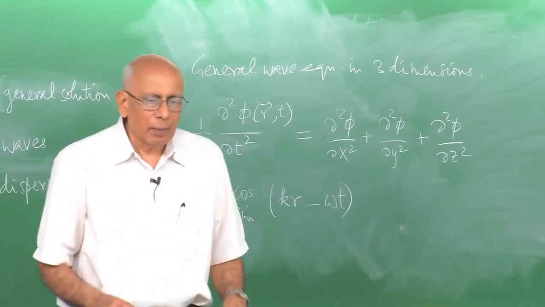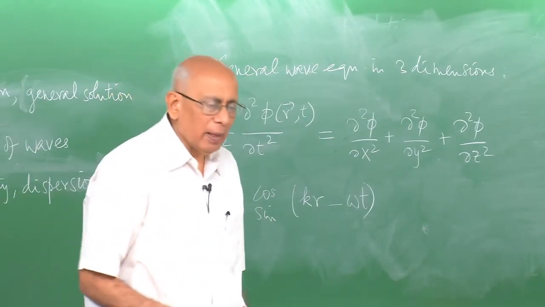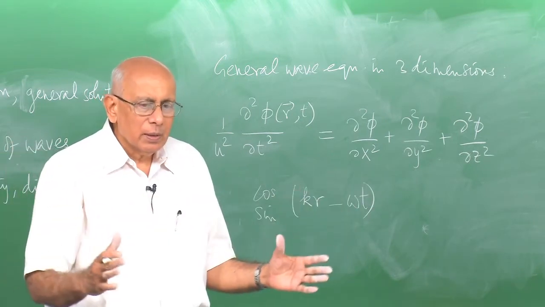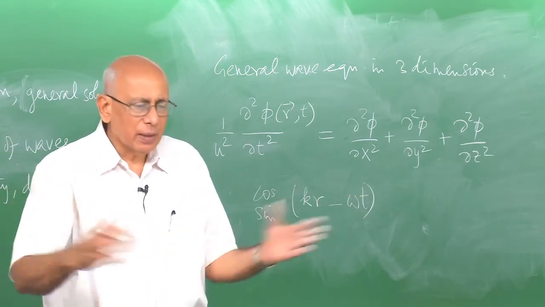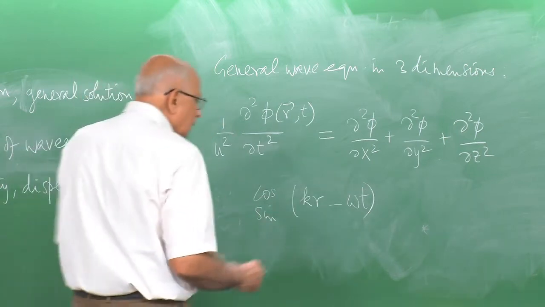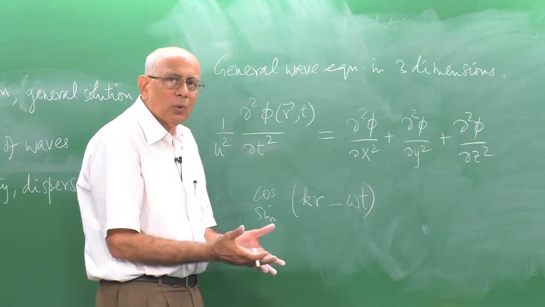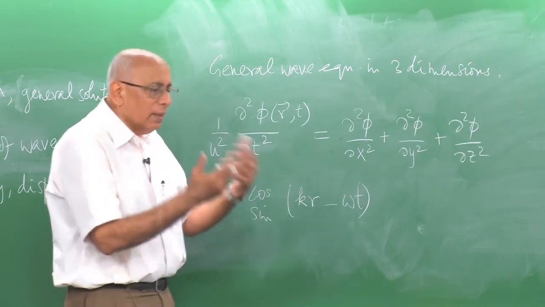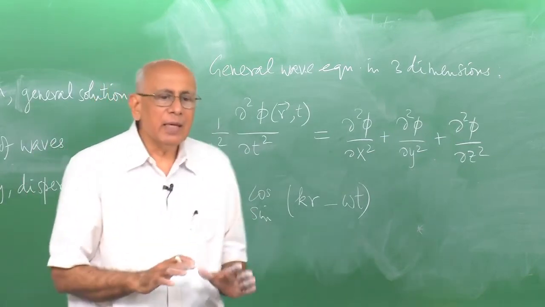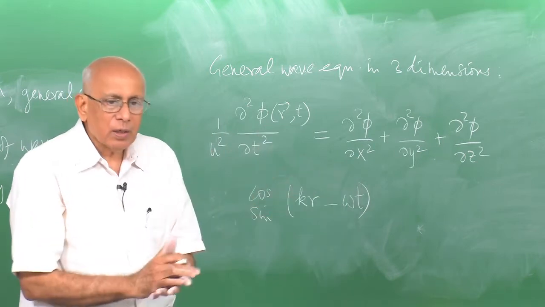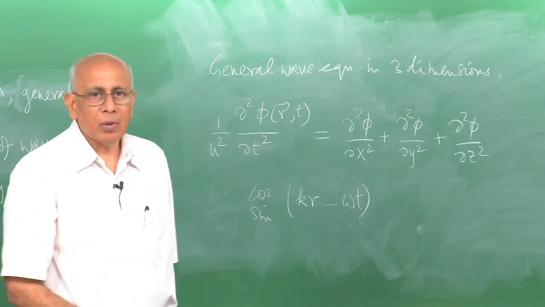But now energy considerations come into play. From this source, as things go outwards, a certain amount of energy is pumped into this medium as the source emanates waves. Since the surface area at a distance r goes like r squared, it is clear that if the total energy is constant, then the amplitude itself must decrease in such a way that the intensity multiplied by the total surface area gives you exactly the same amount of energy.